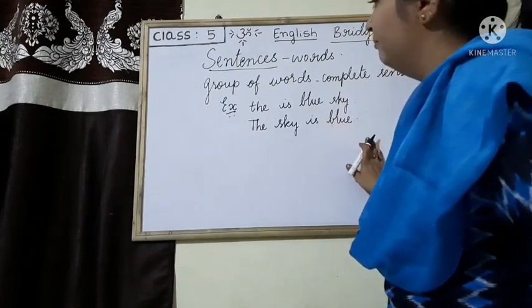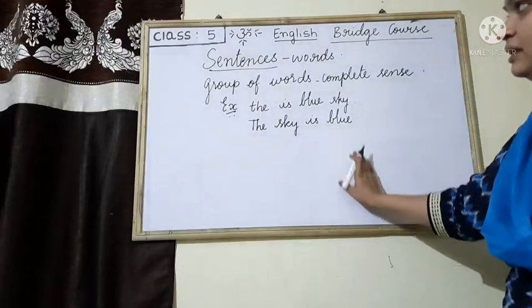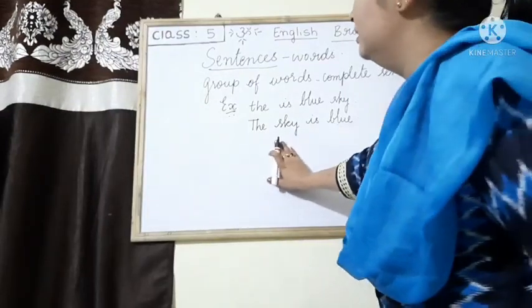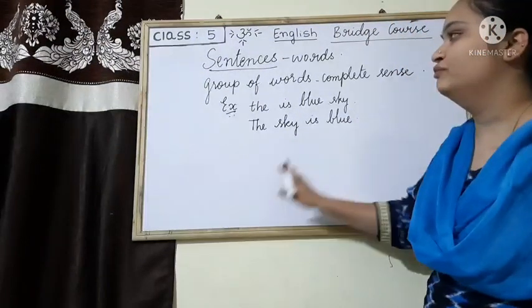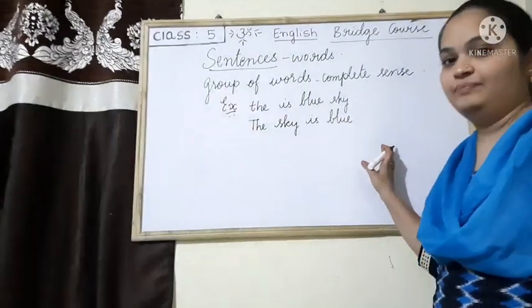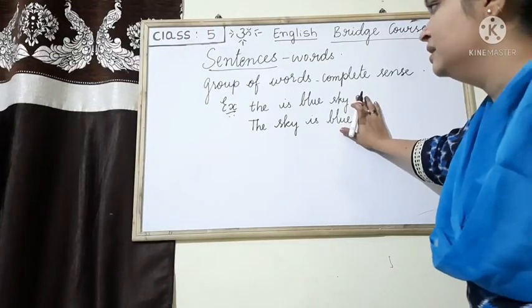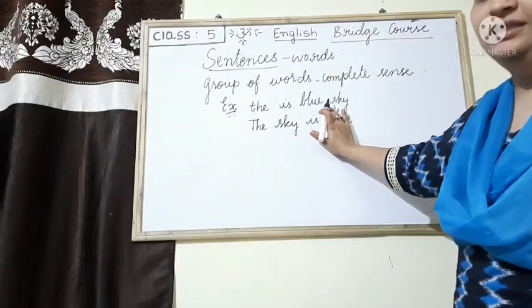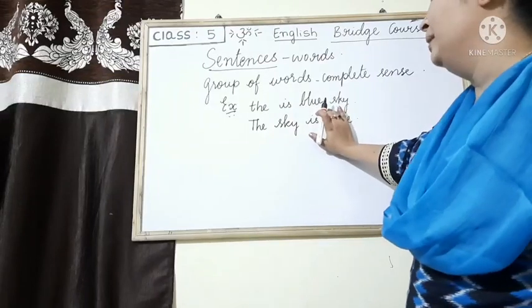So this makes the sentence complete. It is a complete sentence which makes complete sense. Though the earlier one is a group of words, it doesn't make complete sense when it is not arranged properly.